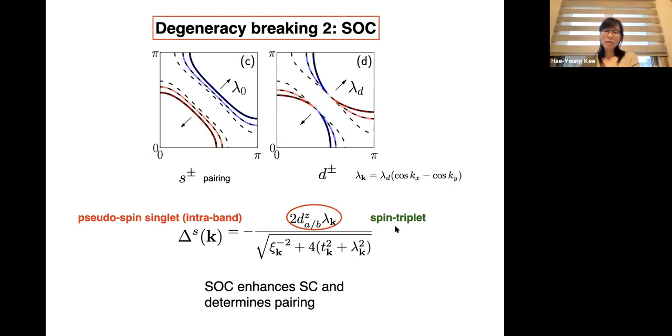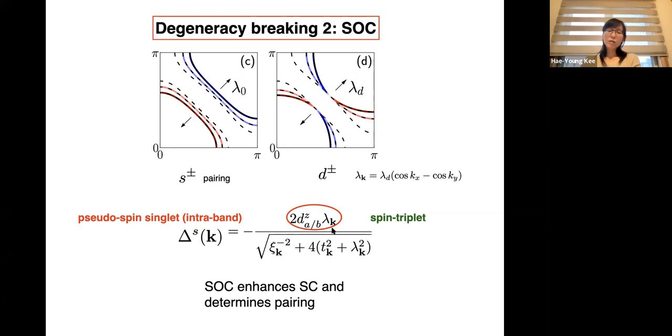So here is the punchline. We begin from a triplet superconductor with a d vector in the xyz orbital. The d vector is along the z direction, that's d hat. And this will combine with the spin-orbit coupling lambda. Lambda can take momentum dependence, or can take no momentum dependence, like lambda naught here.